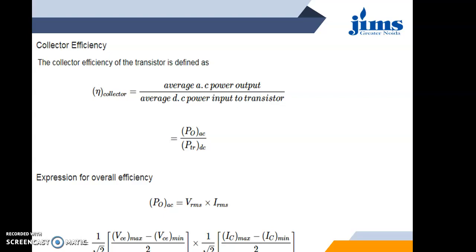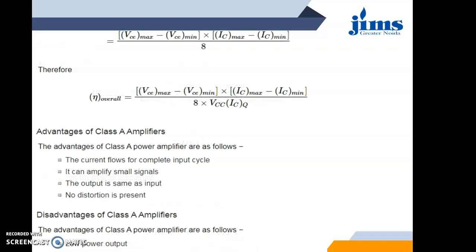Peak to peak means maximum minus minimum, upon 2. In this way we get 1 upon root 2 into VCE max minus VCE min upon 2, into 1 upon root 2 into IC max minus IC min upon 2. If we simplify this, we get 1 upon 8 into VCE max minus VCE min into IC max minus IC min. And the overall efficiency is VCE max minus VCE min into IC max minus IC min upon 8 into VCC into ICQ. So this is the generalized power conversion efficiency relation.